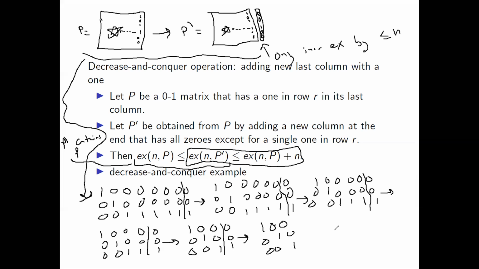So I gave you a problem in the last video. The problem that I gave you was to prove that ex(n, ...), well, we can just apply it for the 3x3. So let's say it for the 3x3.